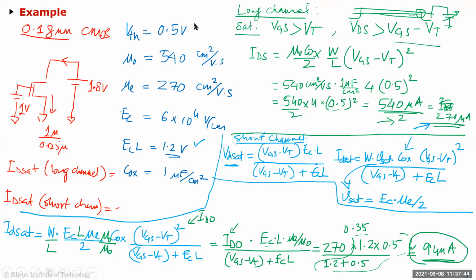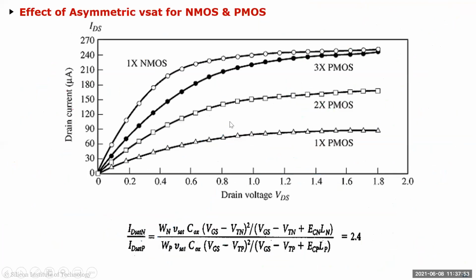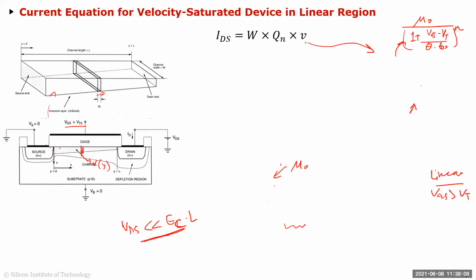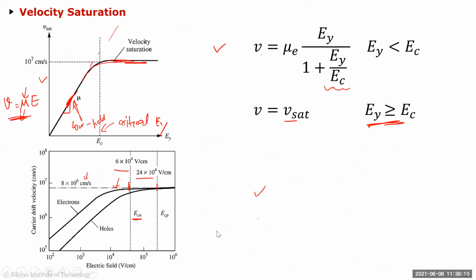And most interviewers themselves may not have done these calculations. Okay, so here I'm just showing you one effect. I think I showed you this slide before. What I showed you is that the electrons actually saturate at an earlier velocity, like 6 times 10 to the power 4 volts per centimeter, compared to the holes.